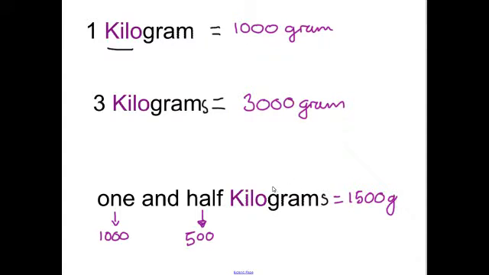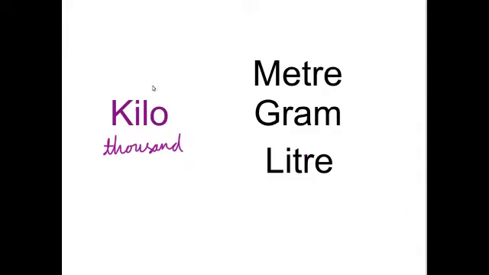You probably already noticed the pattern here. A kilo means 1,000, so there are 1,000 grams in a kilogram, 1,000 meters in a kilometer, and 1,000 liters in a kiloliter.